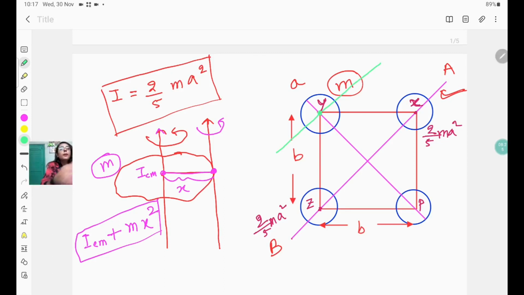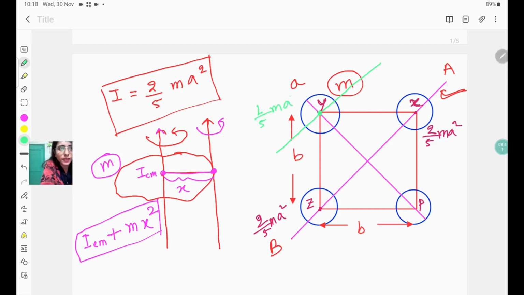So about this green axis, the moment of inertia of this sphere y is 2 by 5 m a square, right?